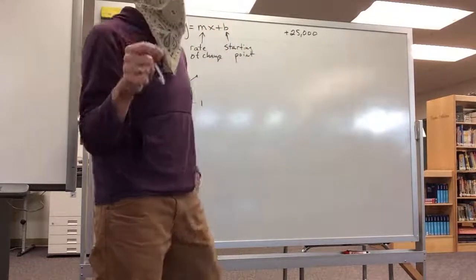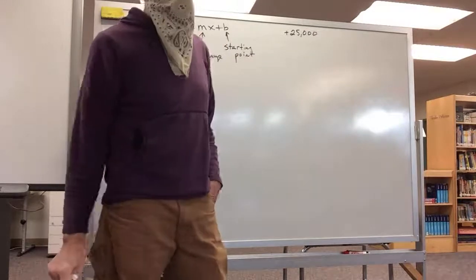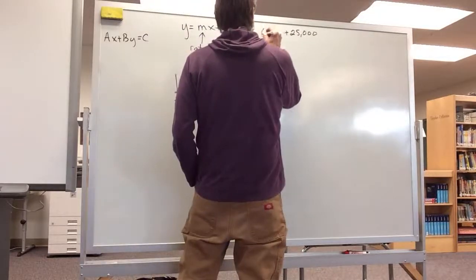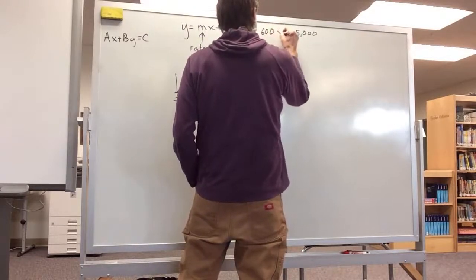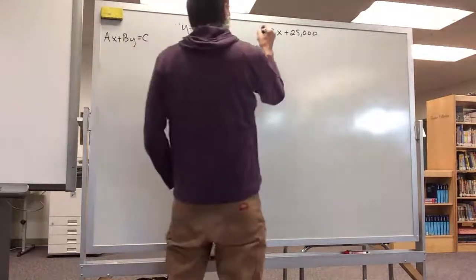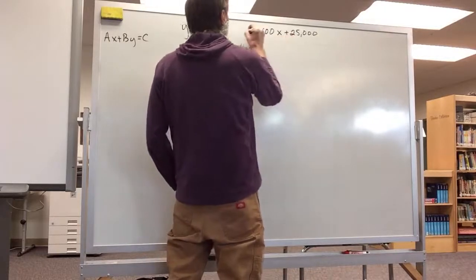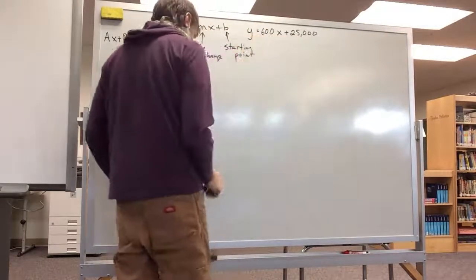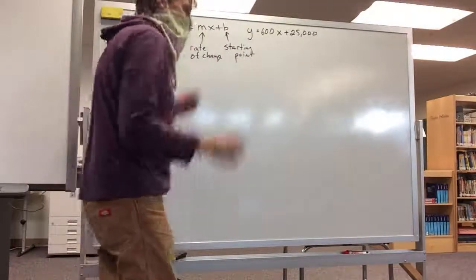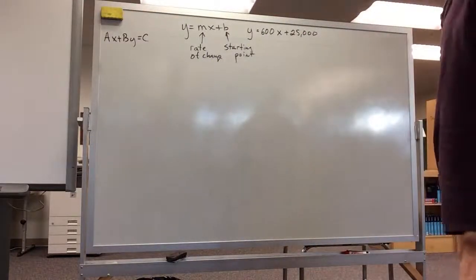And what is the rate of change in Coolsville population? 600 per year. So that would be 600 times the number of years, which they told us in letter A needs to be x. We multiply the 600 by the years and add it, and that gives us our population. So those are rate problems. Rate problems always use slope-intercept form.